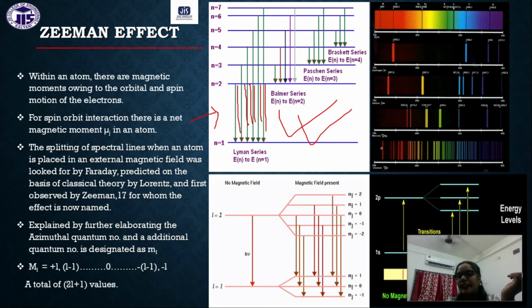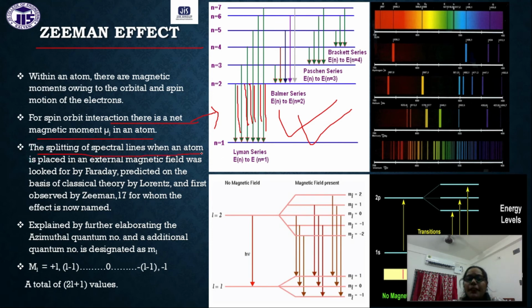The energy levels are so closely spaced that it looks like a band. Why? Because we are applying a magnetic field, and there is interaction with a net magnetic moment.